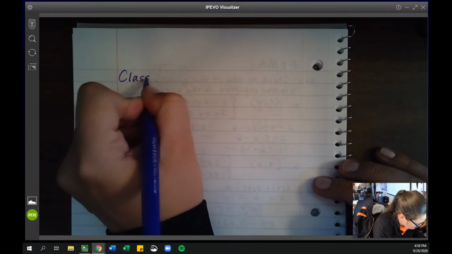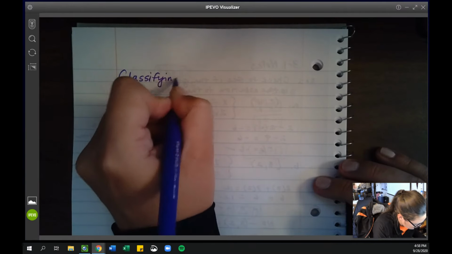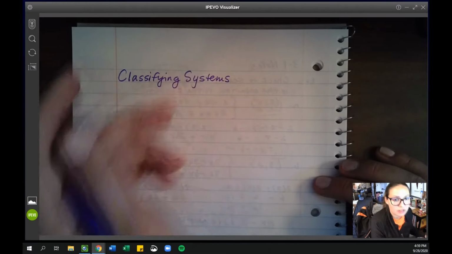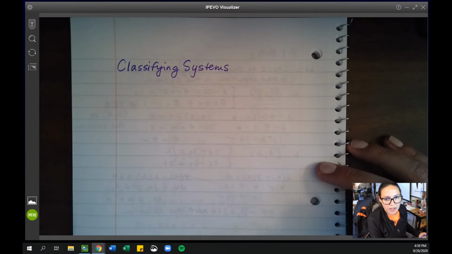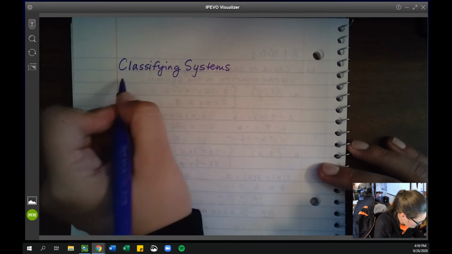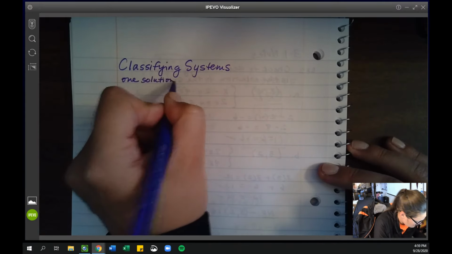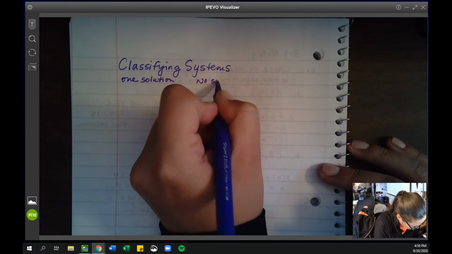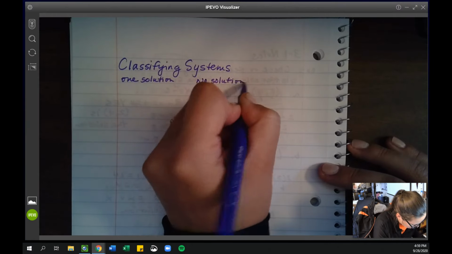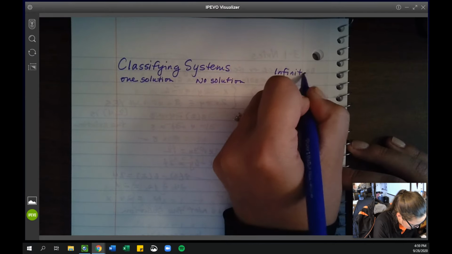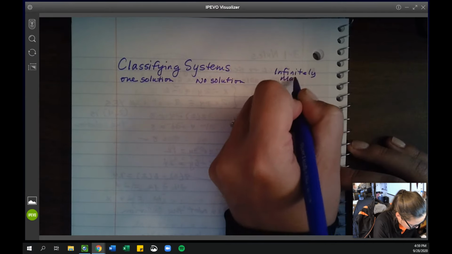Let's talk about classifying systems. We have 3 types of systems that either have one solution, no solution, or infinitely many solutions.